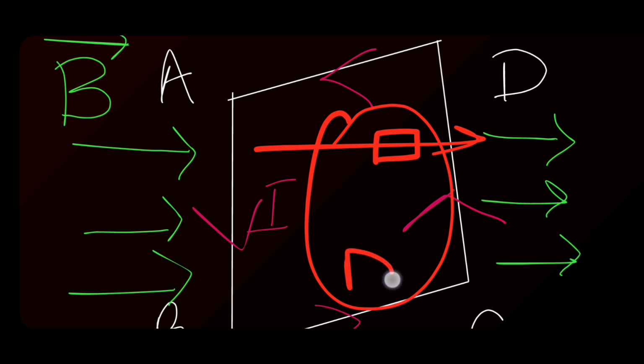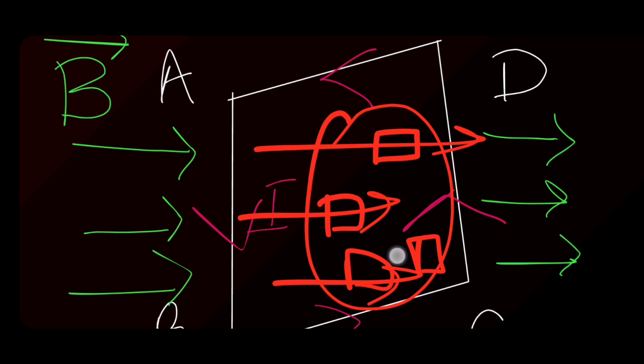If we move this region throughout, and in every region the number of lines of force is the same, then we call it a uniform magnetic field. I mean to say, the number of lines of force per unit area is equal throughout the region. Okay, then this is called a uniform magnetic field.